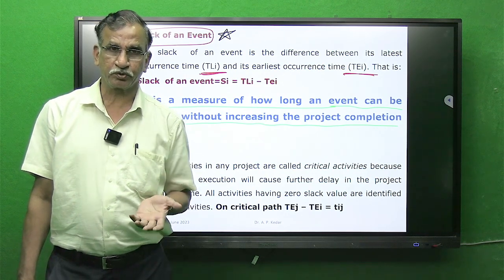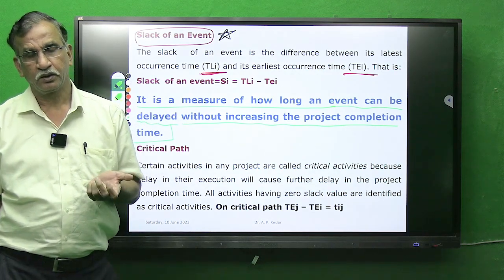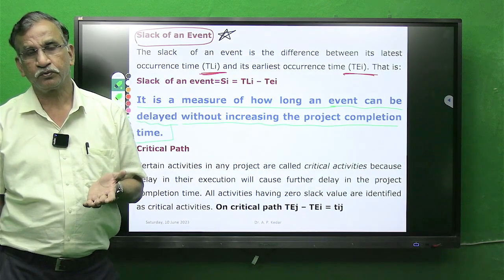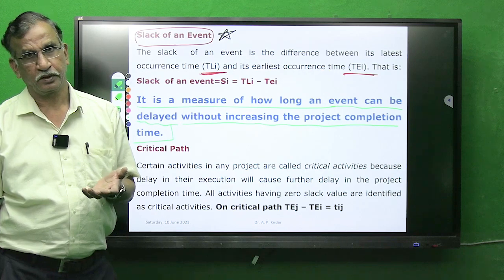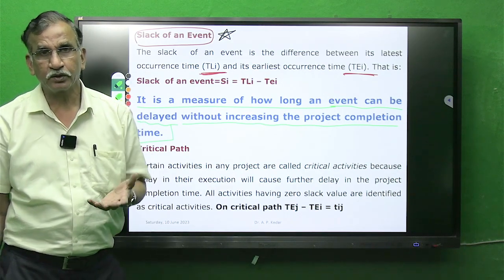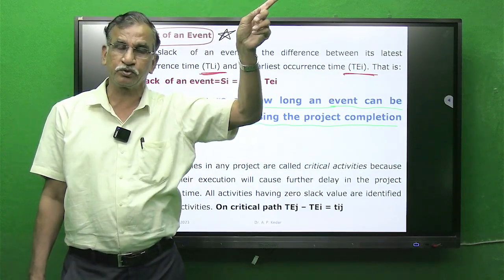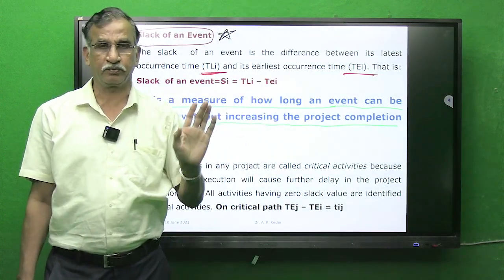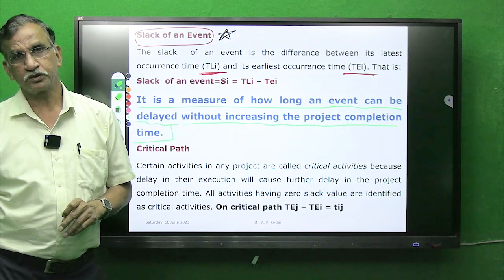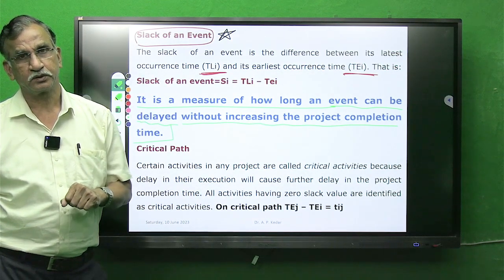If we delay the project due to one reason or another, the cost of resources increases, and it will inflate the overall cost of the project which you have planned and quoted at the time of the planning phase. So that is not permitted in project planning and project management.